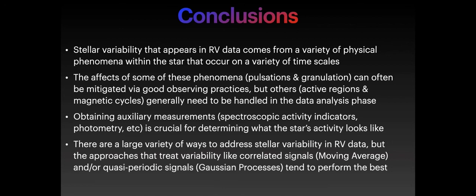And as long as that focus stays sharp, then we'll keep pushing our understanding of how and why these different stellar phenomena, spots, plages, granulation, magnetic cycles, all impact the shapes and positions of absorption lines the way they do. And the hope moving forward is that that understanding will enable us to truly model the star's variability and then remove it from the RV data, making it easier to identify and properly characterize the signals of smaller and smaller planets or longer and longer period planets as time goes on.